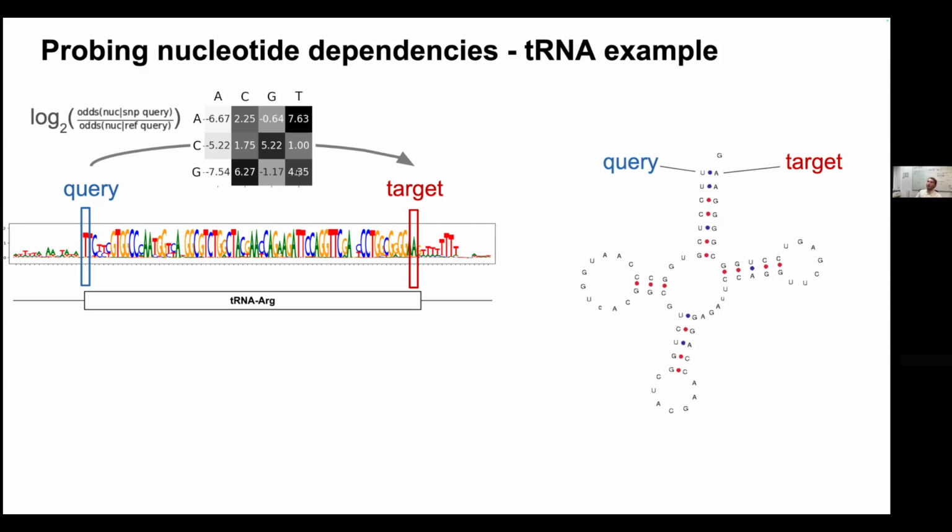Then we extract a value per query and target nucleotide, and we call it dependency. And this value is basically the maximum log odds ratio in this table. So for each one of the possible query and target nucleotides we get a value, so if you have n nucleotides, you'll get n squared dependencies.